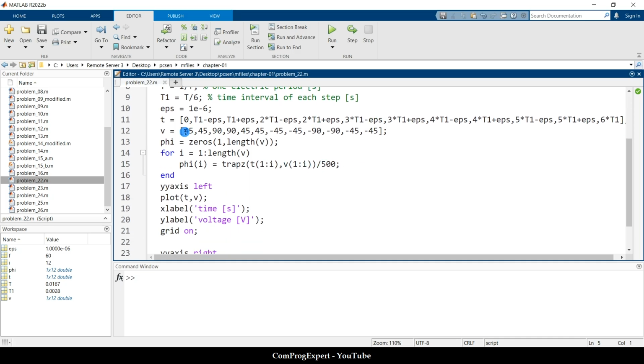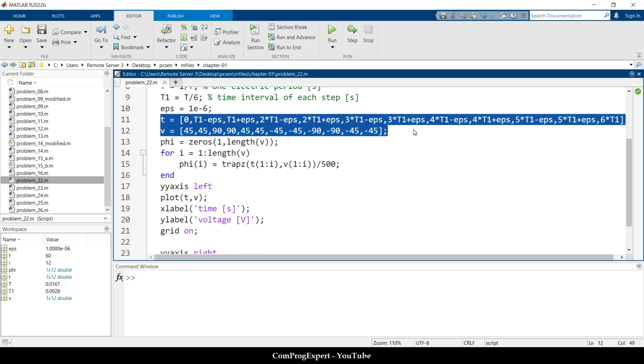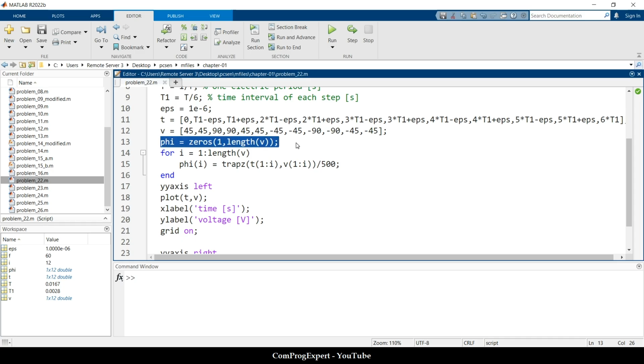Here I defined these two vectors, the time and voltage. Here is phi. I allocate the memory to calculate the value of phi for each time point. Here I used trapezoidal integration. These are the time points from 1 up to I and the corresponding values of the voltage.